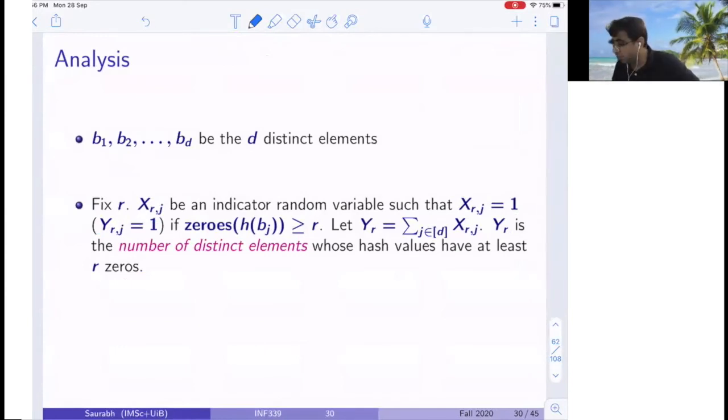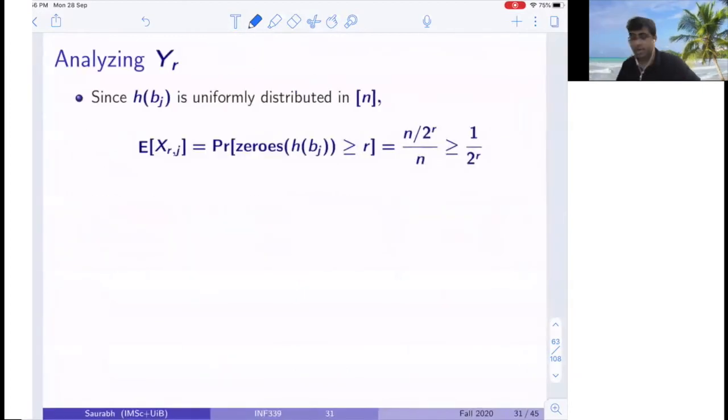So now let's try to analyze Y_r. h(b_j) is uniformly distributed in n. So what is the expectation of X_rj? What is the probability that the number of zeros of h(b_j) is greater than or equal to r? So let's assume, as I told you, that n is like 2 power l.